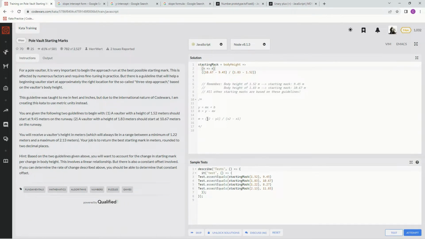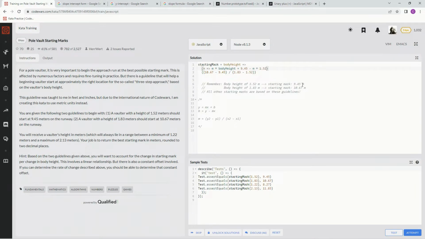and so now we're going to do mx plus b. So m times x. X is going to be body height. Now mx plus b. So plus b, which equals y minus mx. So y is 9.45 minus m times x, which would be 1.52.